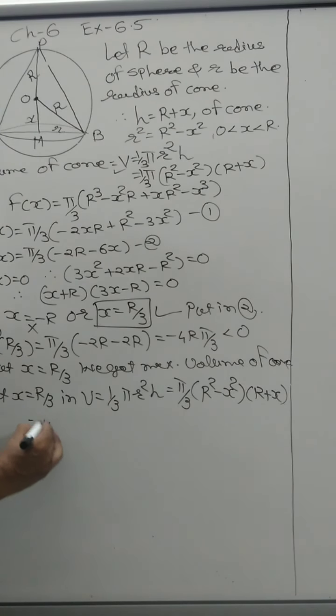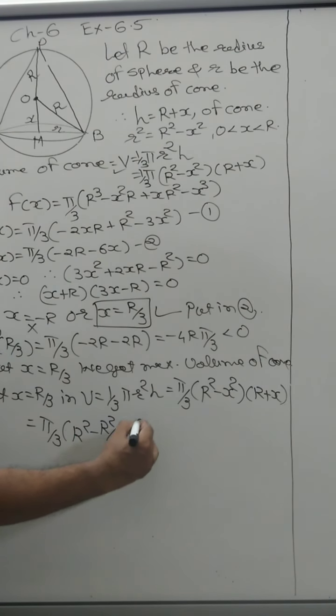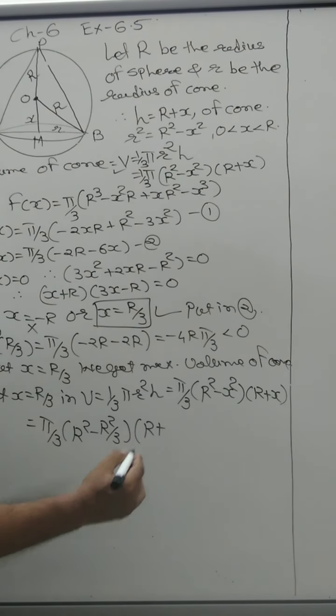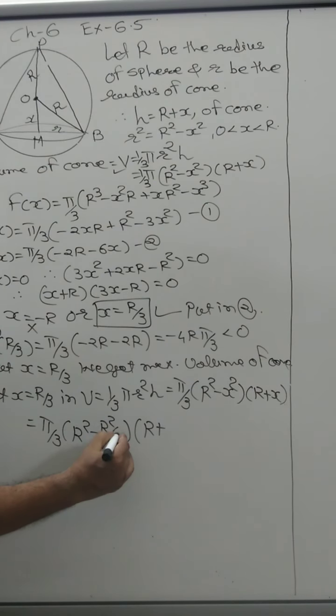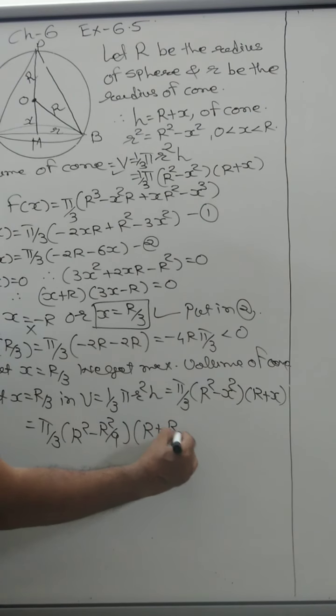Here we put the value of x, which is R by 3. So we have pi by 3 times R square minus R square by 9, not by 3, but R square by 9, into R plus R by 3.